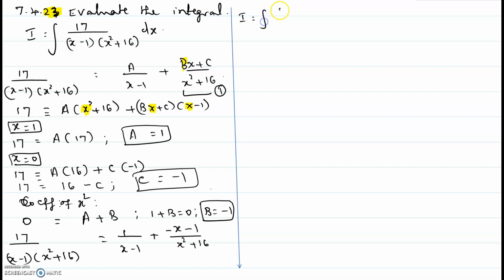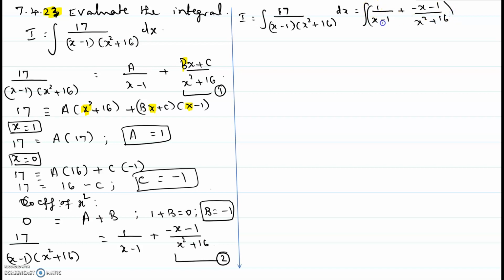So the integral of 17 over (x minus 1) times (x squared plus 16) dx will be the integral of, if I call this equation 2, so from 2 we get 1 over x minus 1 plus (negative x minus 1) over x squared plus 16 dx.